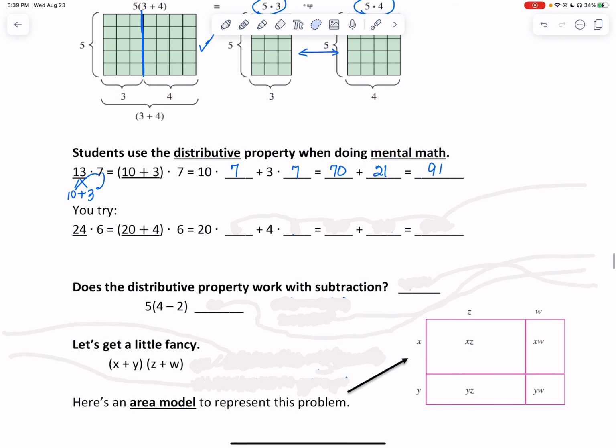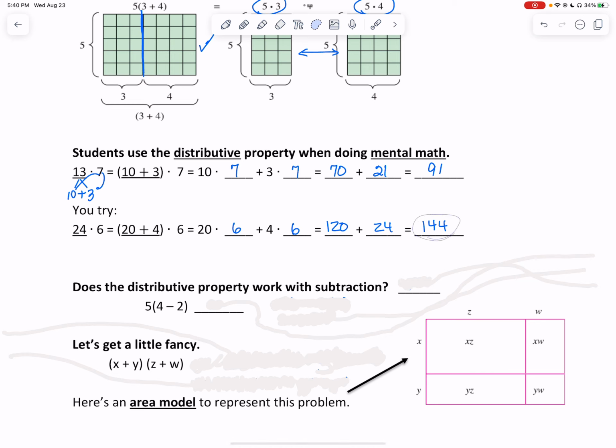Let's do it again. 24 times 6. So I'm going to split it into 20 and 4. So my 6 times my 20 is going to give me 120, and my 4 times my 6 is going to give me my 24.